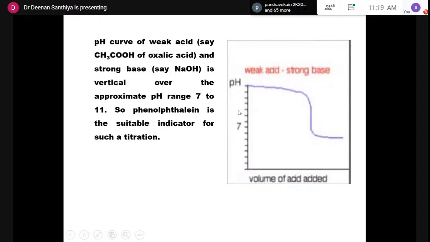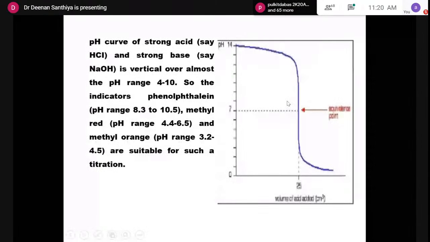This vertical region is 7 to 11. Whereas here, if you see that 4 to 6.5, this is actually one, and the broad pH range 4 to 10. The sudden jump is from this is 4 and this is 10. Is it clear?